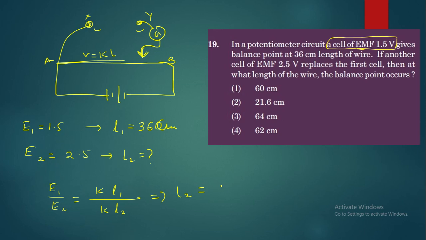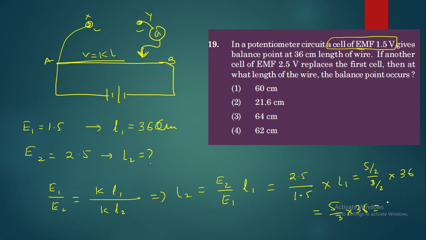From here I can calculate L2: L2 is equal to E2 divided by E1 multiplied by L1. So this is equal to 2.5 divided by 1.5 into L1, which is 5 by 3 multiplied by 36, and this is 5 into 12, which is 60. So the answer is 60. Let's move on.